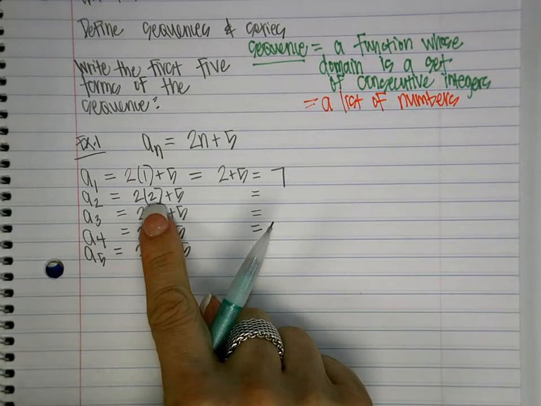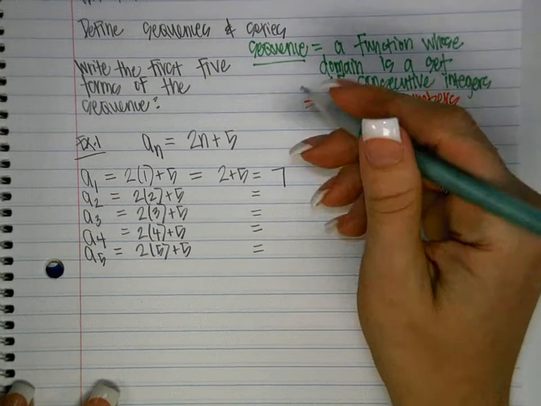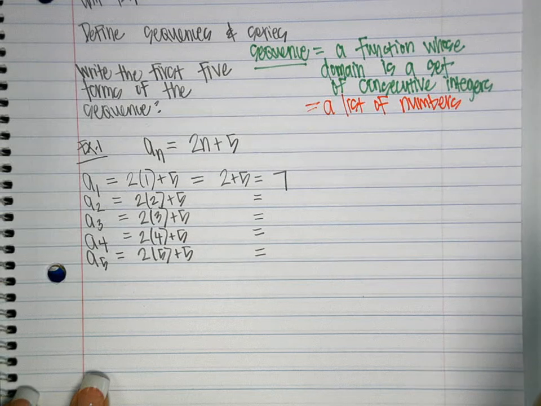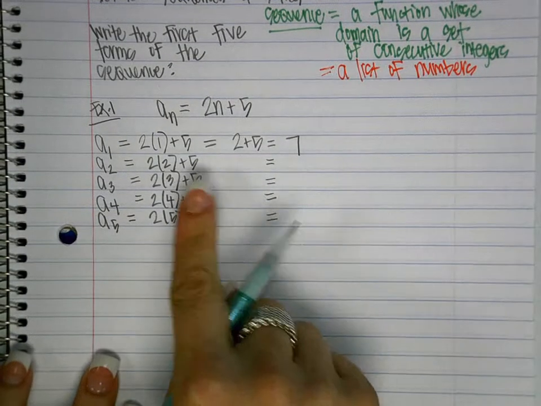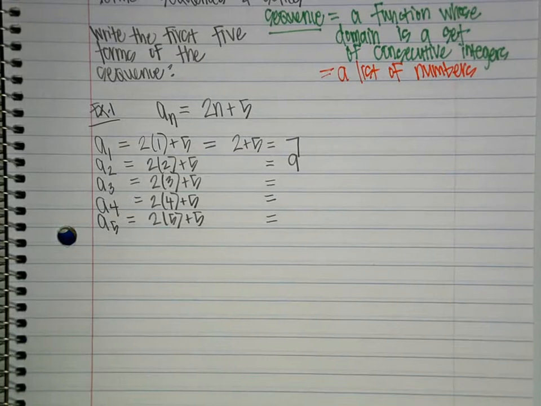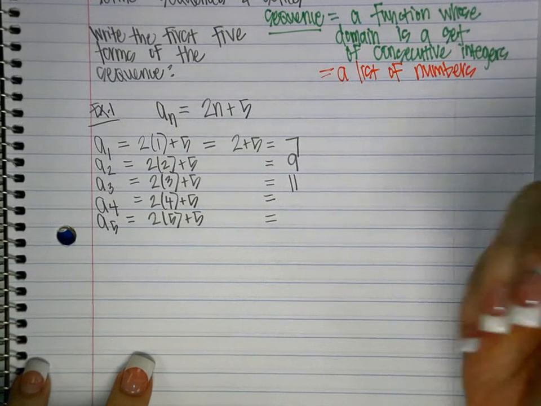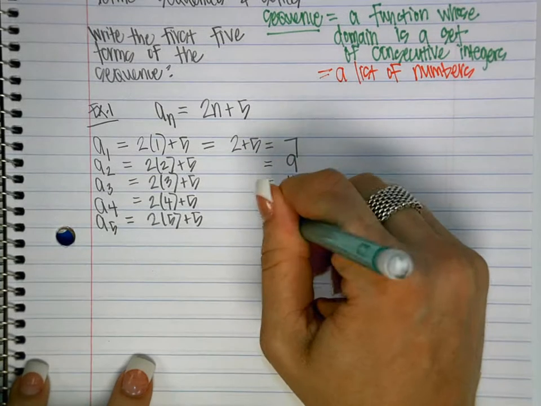So if I plug in a sub 2, what would I get? Nine, right. Okay, what do I get when I plug in a sub 3? 11. What about when you plug in 4? 13, and then 15.